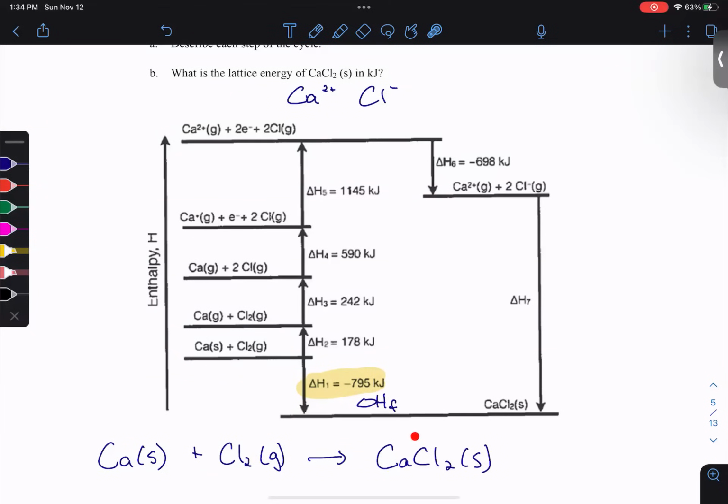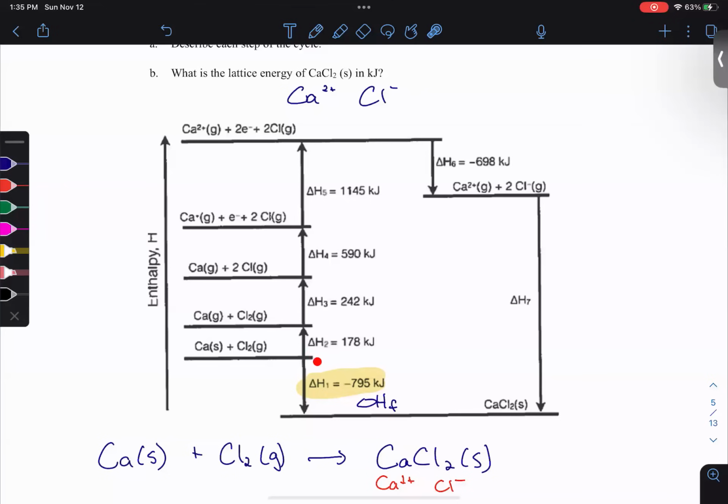But on the product side, we know that calcium is actually calcium 2+, and chloride is Cl-. So we need to think about what steps are required to go from calcium solid to calcium 2+ in the gas phase, and chlorine gas to chloride minus in the gas phase. This is where the ideas of ionization energy and electron affinity come into play, because we need to turn this calcium atom into a calcium 2+.